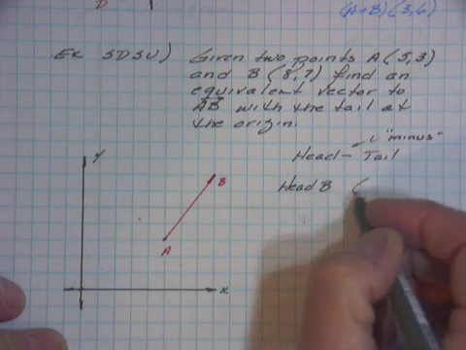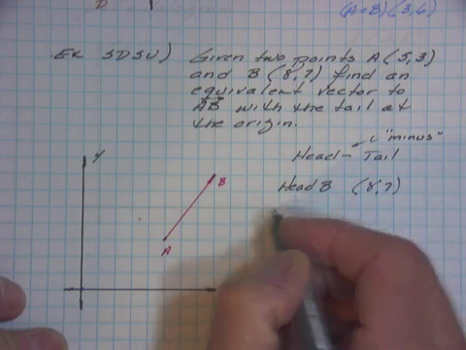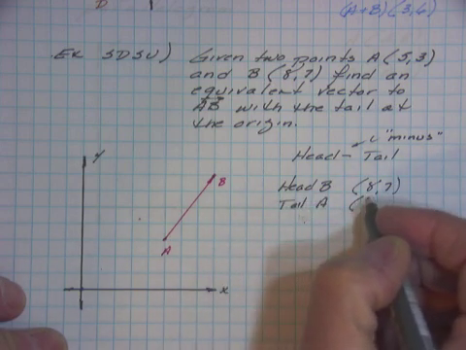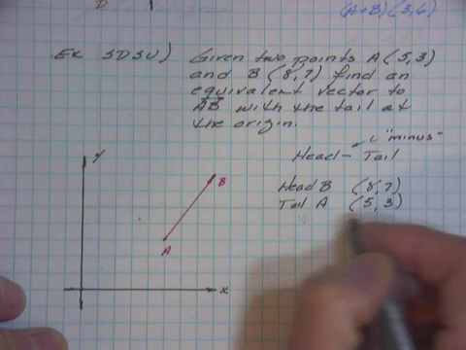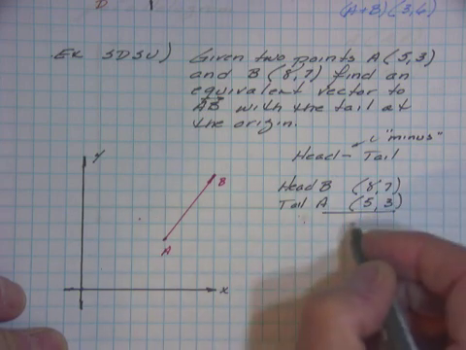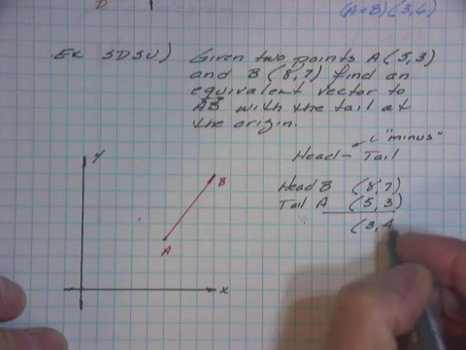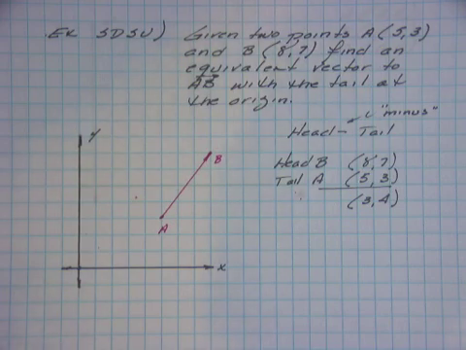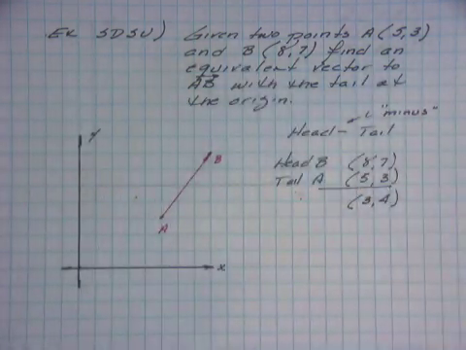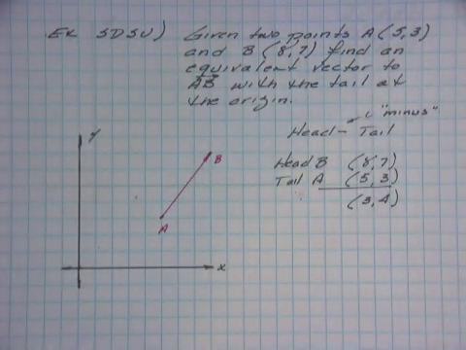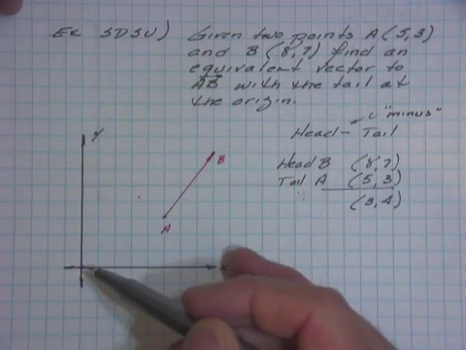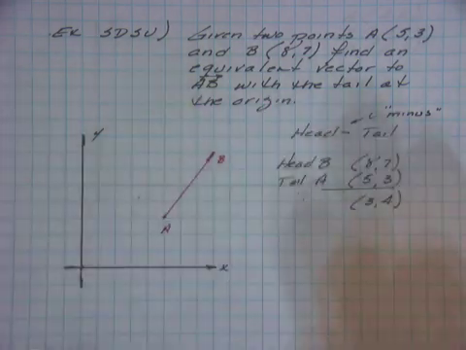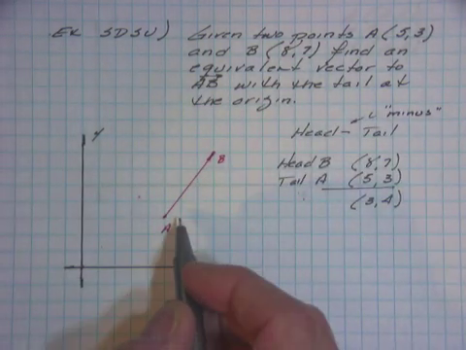Okay, so this head minus tail concept. I'm going to take the head, so that's B, and that's at (8, 7). And the tail, which is at A, and that's (5, 3). I'm going to subtract them, and I get (3, 4). So just hold on to that for a second, okay? Now, let's just use some logic.